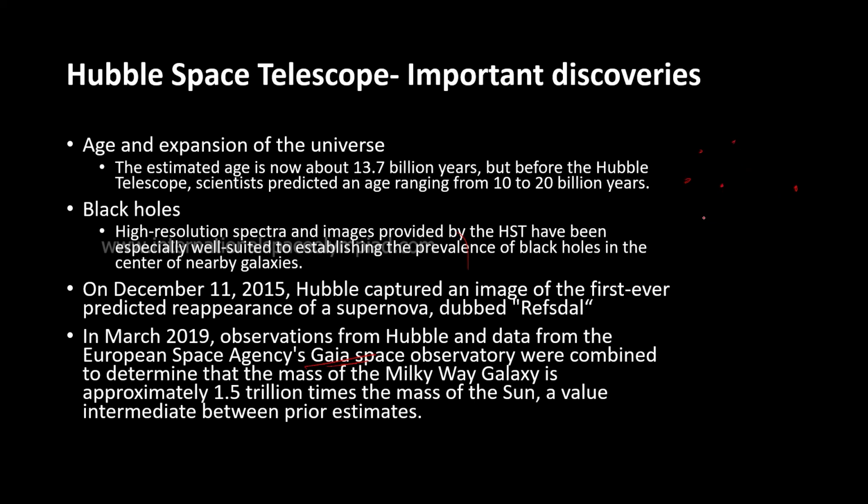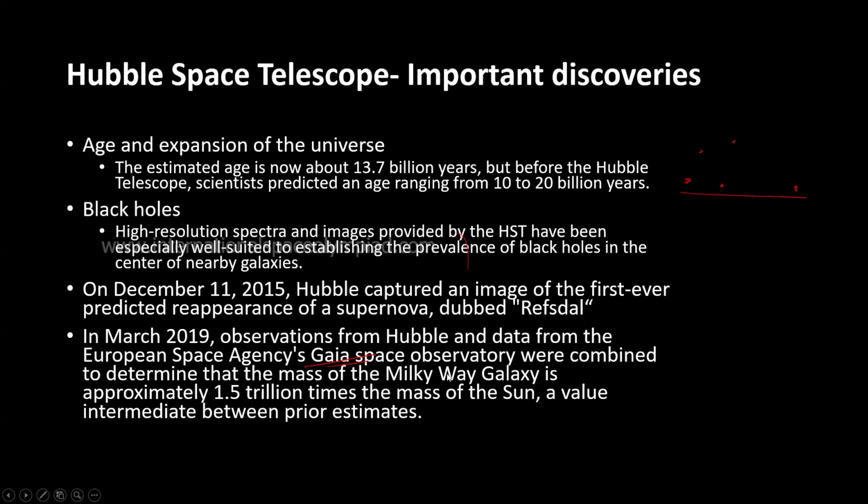By measuring that parallax, we can get the exact position of these stars in our galaxy. By getting the positions of the stars and estimating the mass using Hubble Space Telescope, we are able to calculate the mass of our Milky Way galaxy, and it is found to be 1.5 trillion times the mass of the Sun.